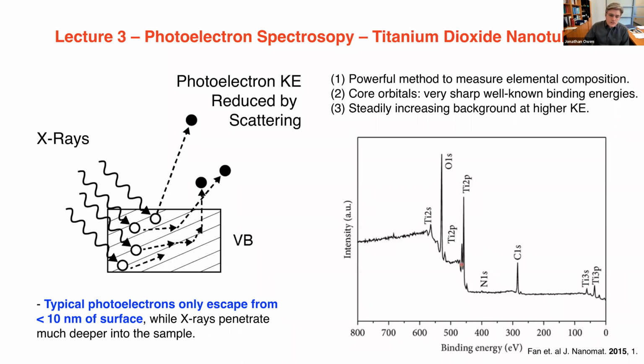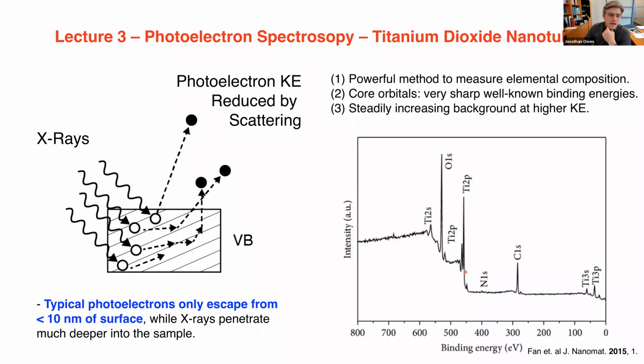Now, some of these electrons do escape following collision events, actually a lot of them, okay? And that's where this background signal comes from. So if you're colliding with the titanium-2p orbital, those electrons come out with a kinetic energy that corresponds to 450 electron volts.